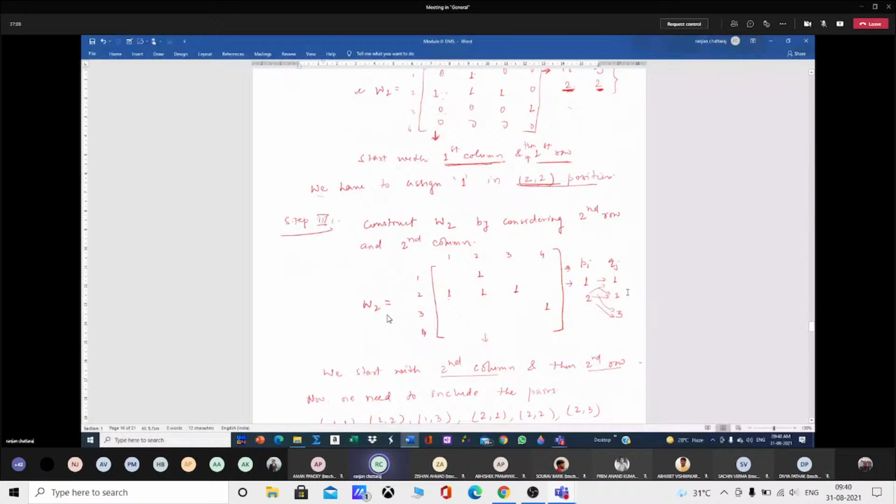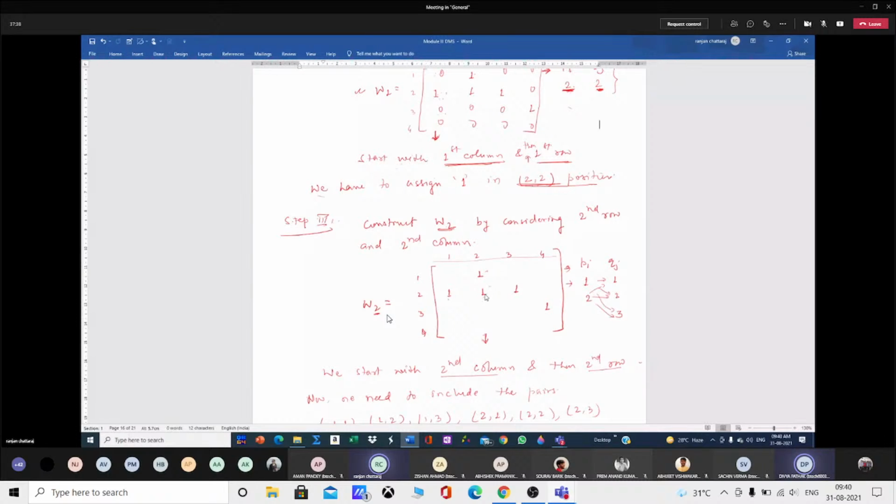We are finding W2. So W2 represents the second column and second row. In the second row, what are the positions where we have a 1? First, second, third, fourth. 1, 2, 3. No, only 1 and 2 in this column. 3, 4 is 0.